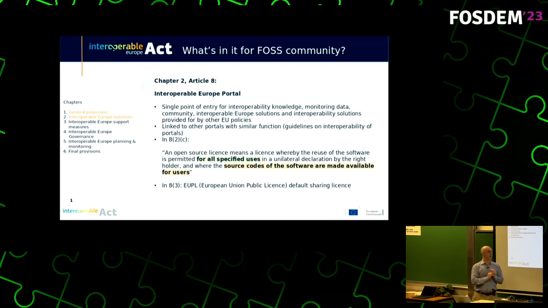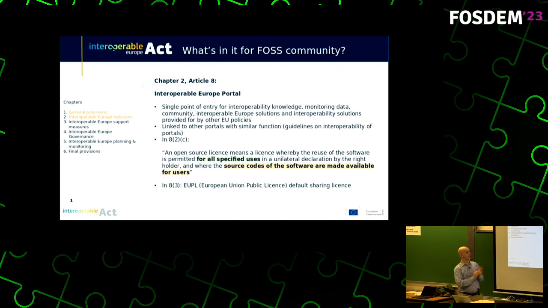So this is the first time I've seen free software or open source license being defined in a European regulation. Once again, this is something that we will have to think about and accept input on and decide whether this is the way it should be defined or are there improvements that could be made.